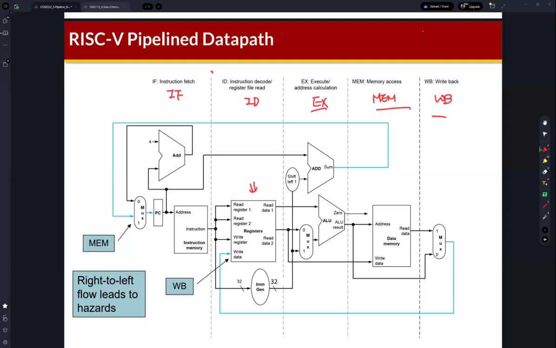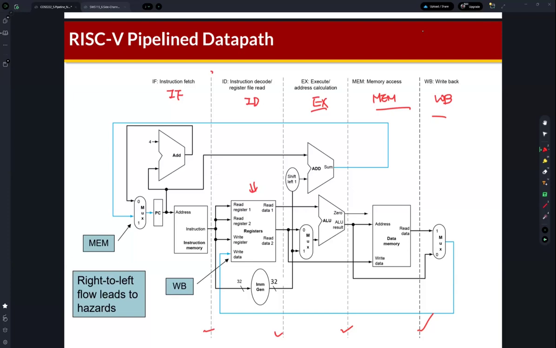And then we learned that in the 5-stage pipeline architecture, we can split these 5 steps for executing instructions like this. Then we can cut the critical path in the processor design.